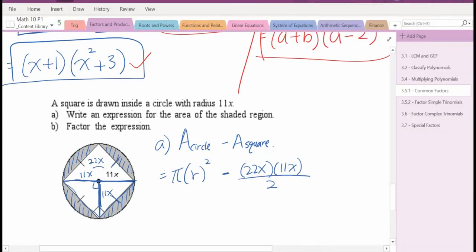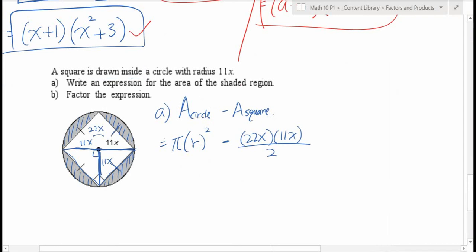Actually, you know what? I'll write it in red. So that would be the area of the triangle. Here we go: 22x times 11x divided by 2. That's this piece right here. Now you can see we have the lower triangle, and we also have the upper triangle. Therefore, I need to double it.